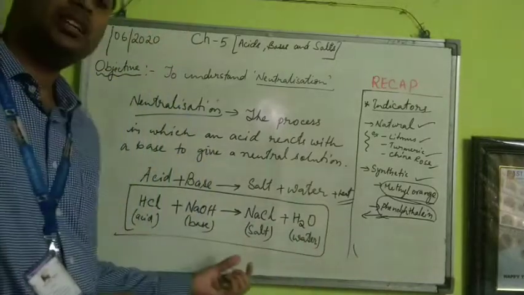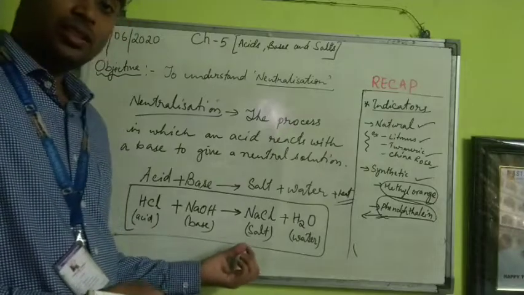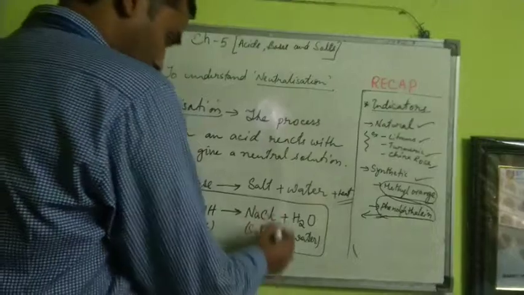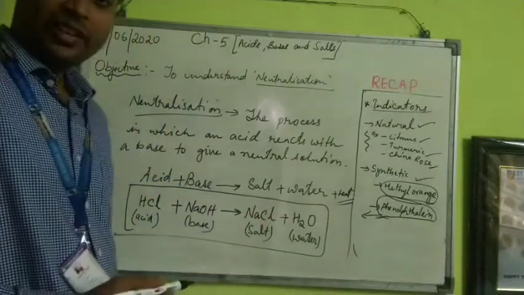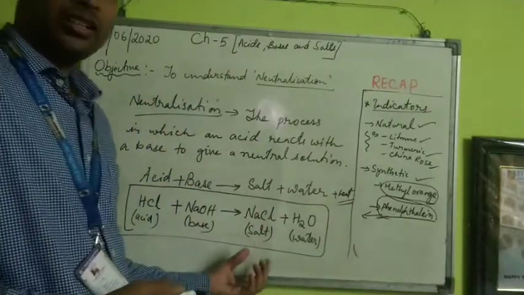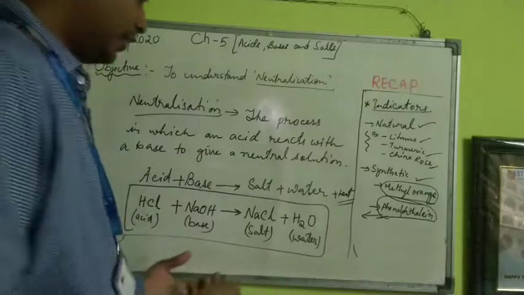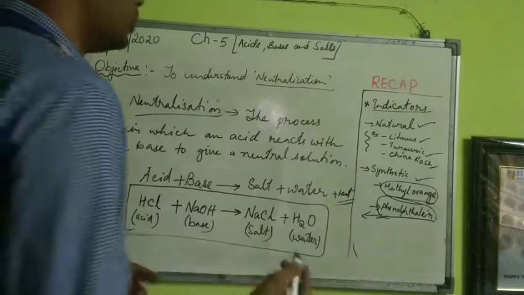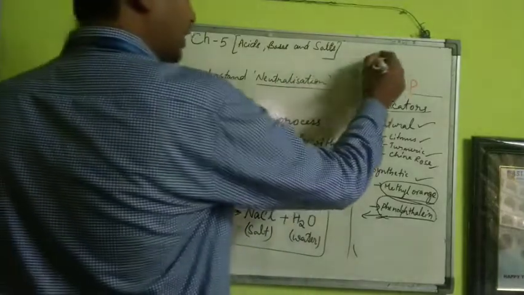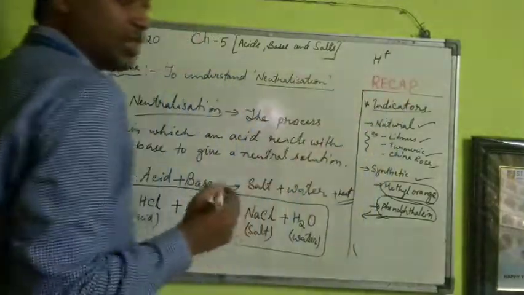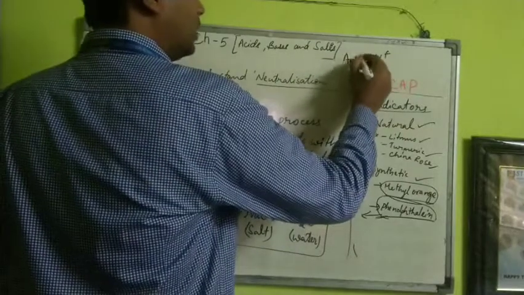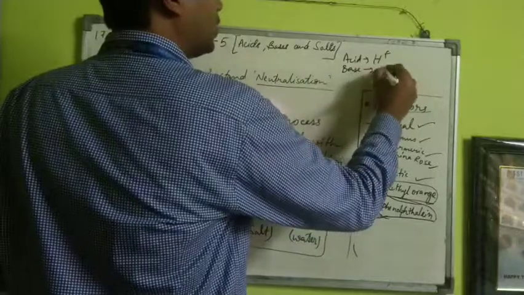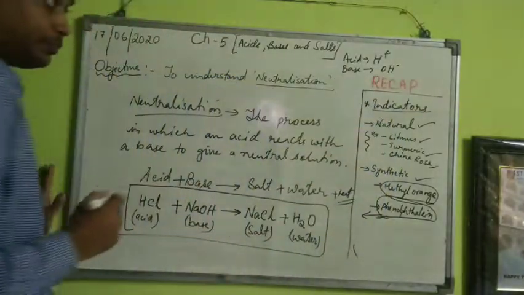Now salt can be acidic in nature, it can be neutral in nature, it can be basic in nature, depending on whether the hydrogen ion is present. If hydrogen ion is present in the salt, we can call it an acidic salt. If OH or hydroxyl ion is present, we call it a basic salt, because we know acids release H plus ions, and bases release OH minus ions.